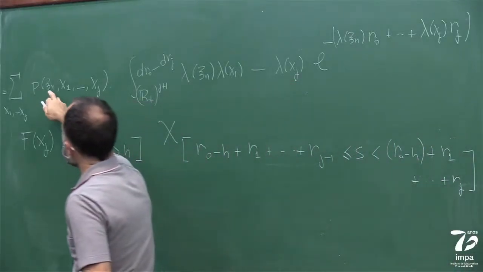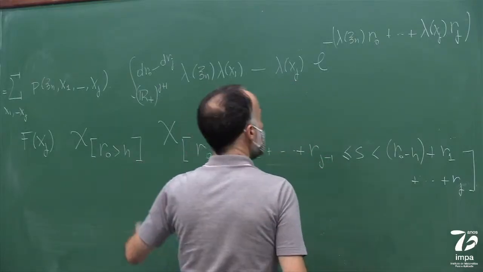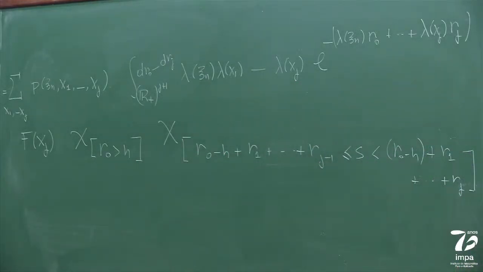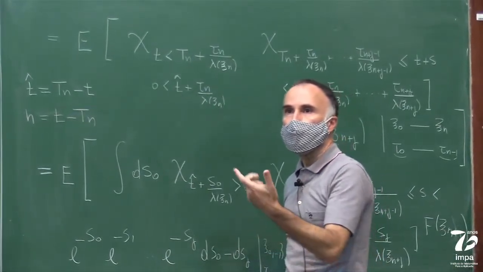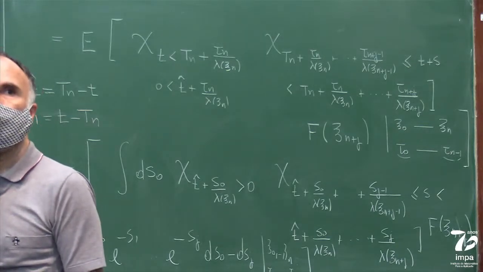So everything here depends only on psi n and on this h, where h is t minus tn. So now the only random variables appearing are psi n and tn. Okay?